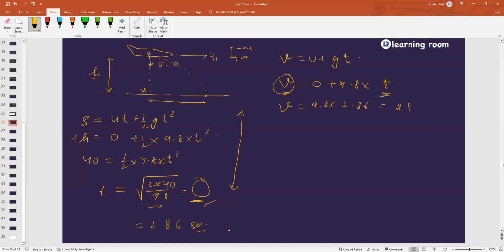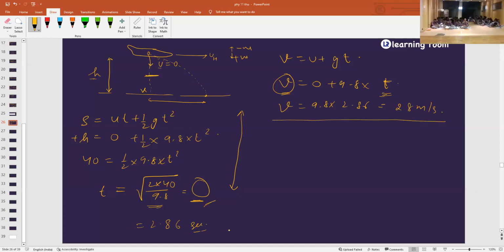It will be nearly 28 meter per second. Check it out. So this was the first part. Now what happens after bailing out? 27.26. Yeah, nearly 28 meter per second.